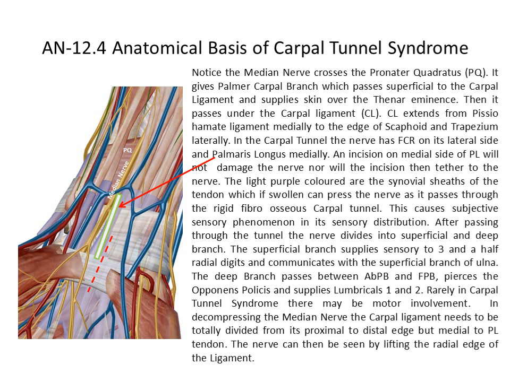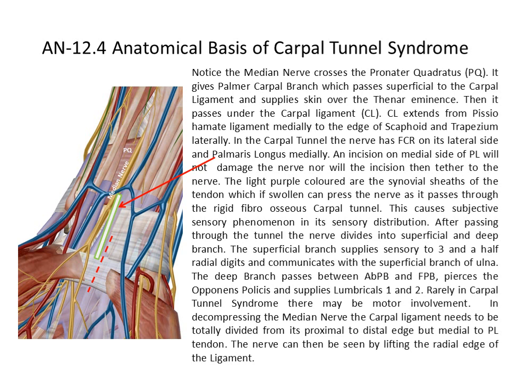Now here we tell you the anatomical basis of carpal tunnel syndrome. You notice the median nerve as it crosses the pronator quadratus, labeled PQ. It gives a palmar cutaneous branch which passes superficial to the carpal ligament and supplies the skin over the thenar eminence.